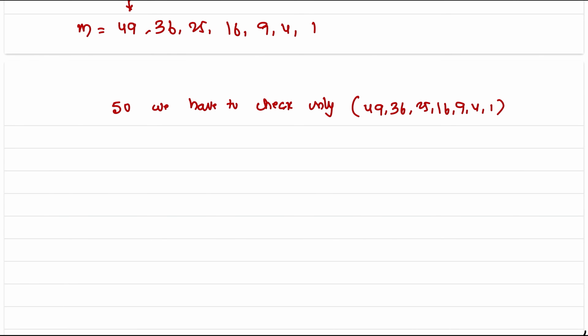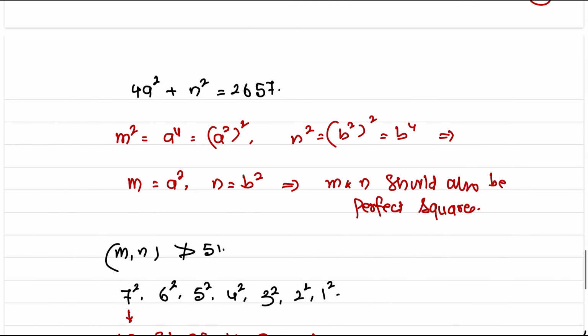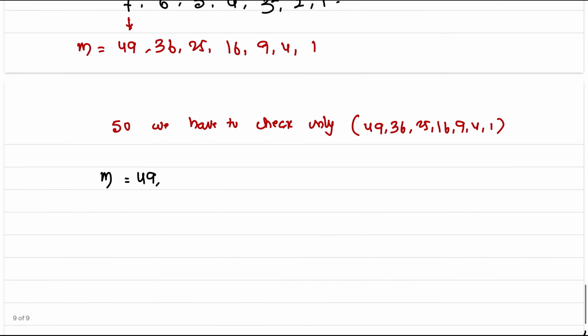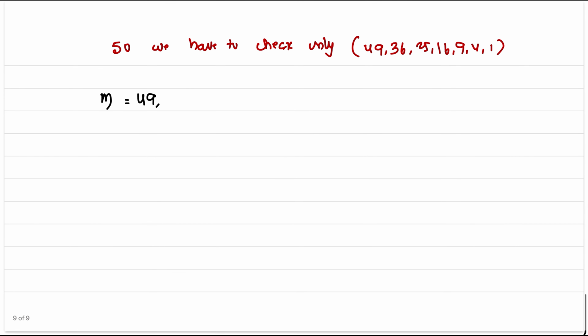Now, let us say m is equal to 49. Then we have the equation that m square plus n square is equal to 2657.